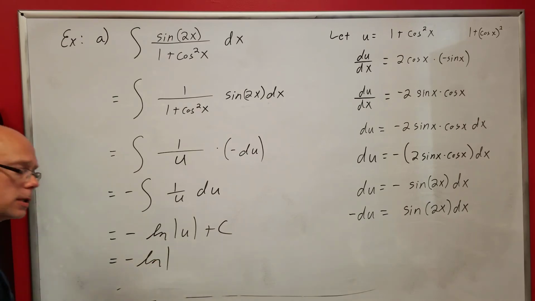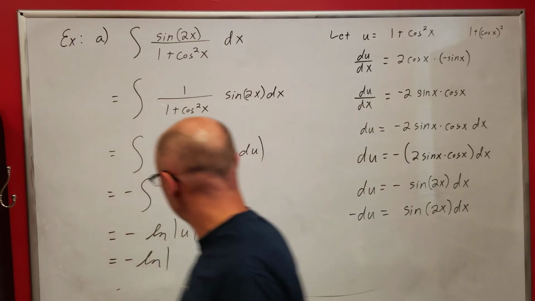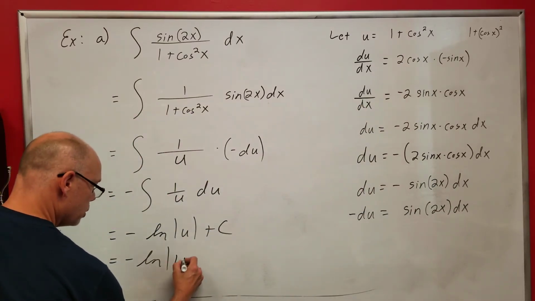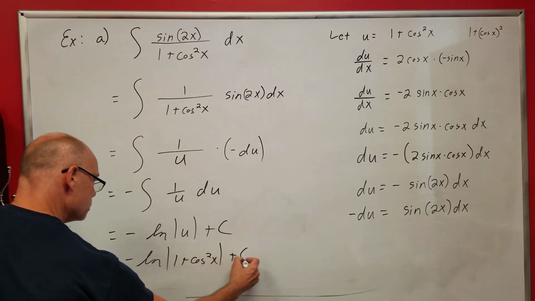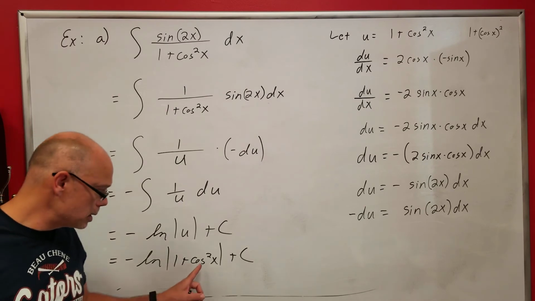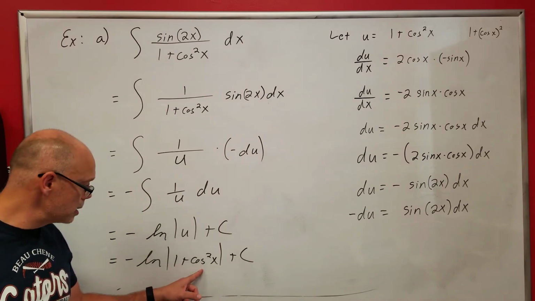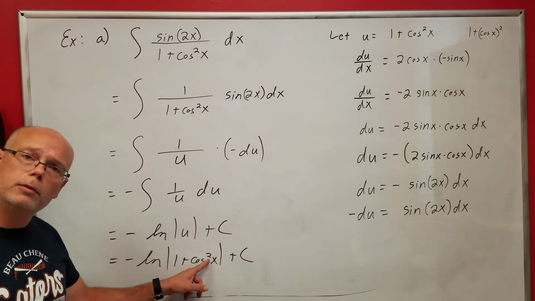Let's back substitute. What was u? 1 plus cosine squared, right? 1 plus cosine squared, plus c. Now let's see if we can lose the absolute value signs this time. No matter what my cosine is, I'm going to square it, right?